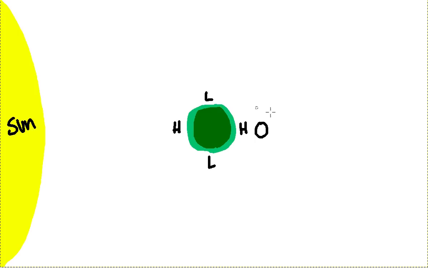Whenever the moon is in line, either on this side or 14 days later on this side, two weeks later, so these are just two different positions the moon could be, this is known as a spring tide.